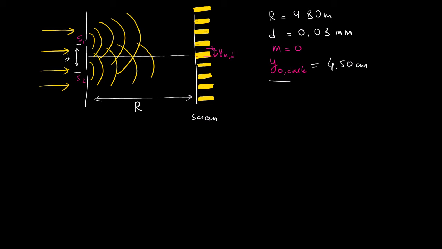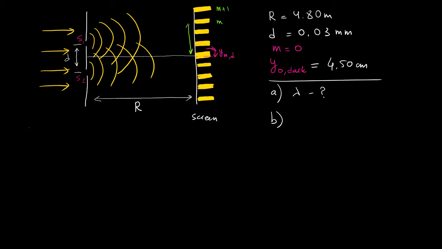Now we want to find out, first, what is the wavelength of that light. Second, we want to find out what would be the distance between two adjacent bright fringes. Let's try to understand what that means. Let's say we have a fringe m, and the adjacent bright fringe will be m plus 1.